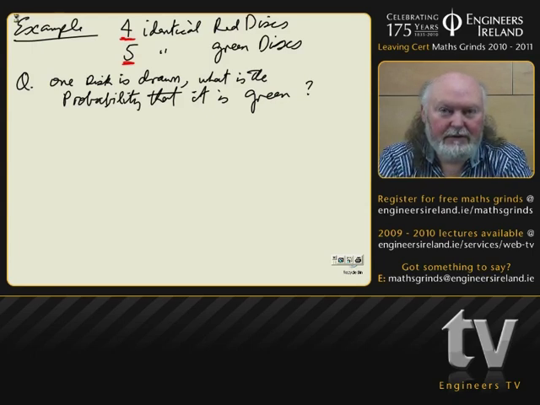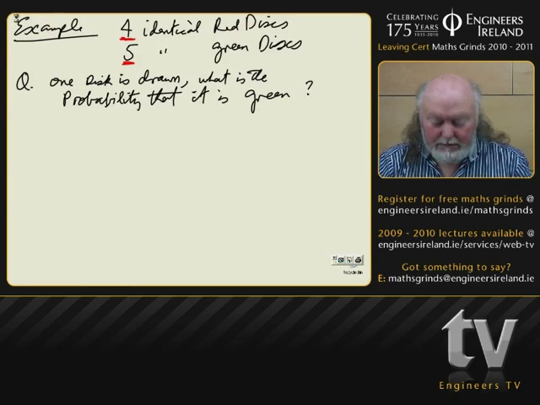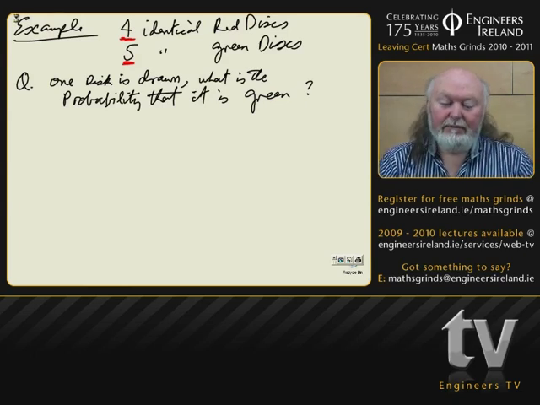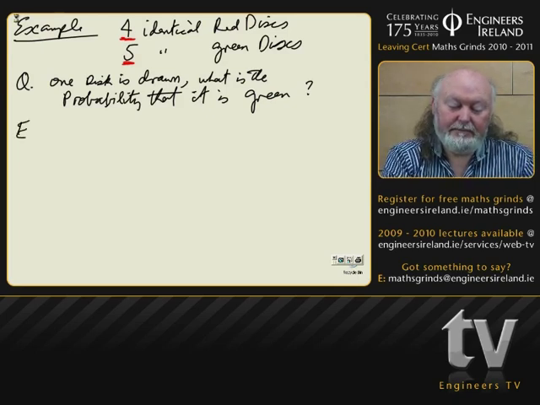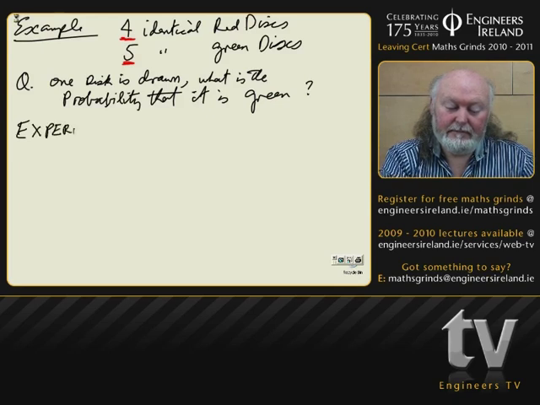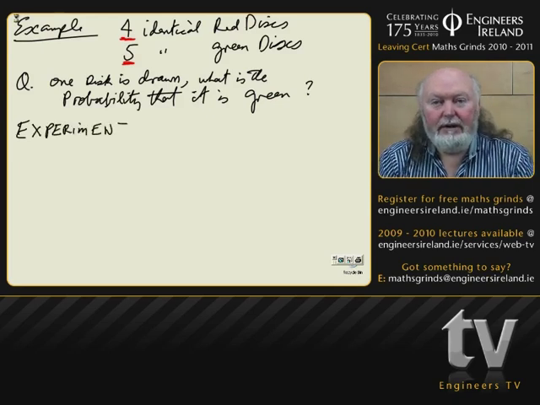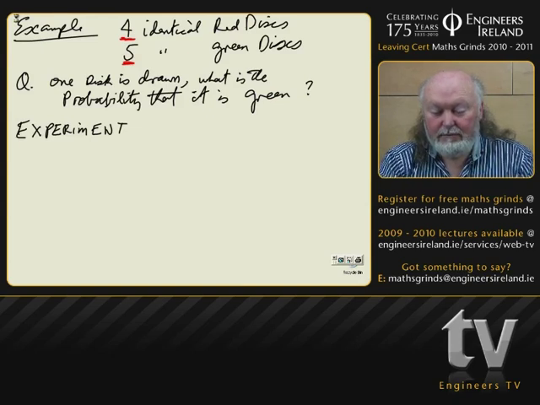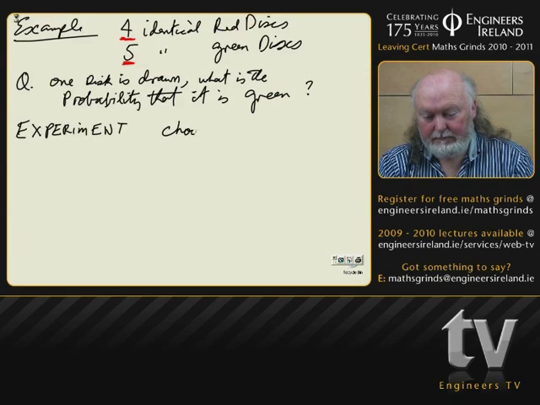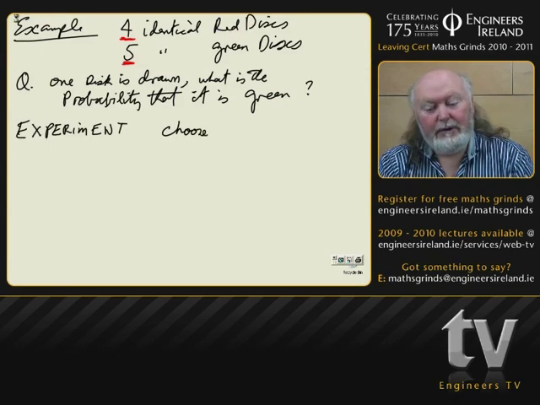But those identical red discs aren't one disc. They're separate. You can sit them together and you can count them up to 4, which doesn't take too much effort. So we're saying, when we're working out the experiment, we're looking at the total number of possible events. And we could choose from how many? 9.